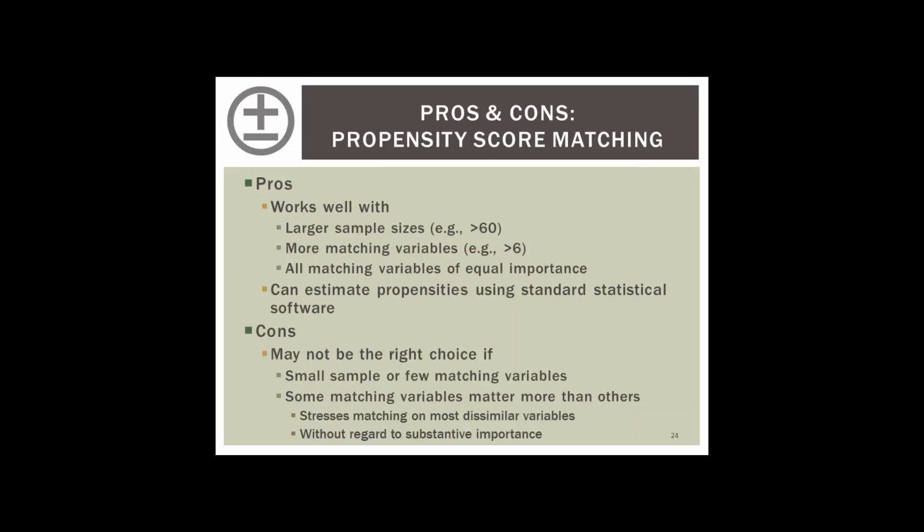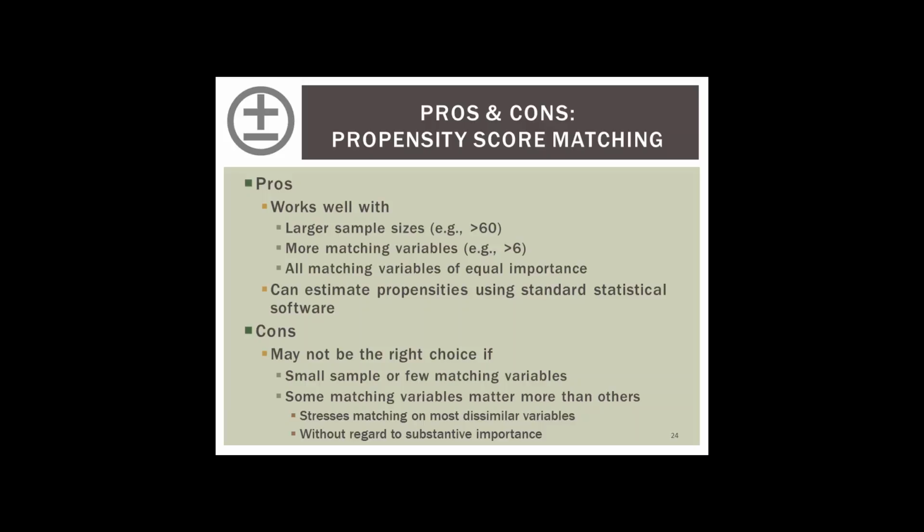Basically, you'd want to use this metric if you have large sample sizes or lots of matching variables, and each of those matching variables is of equal importance, like there's no variable you want to match on more than others. You can definitely estimate these propensity scores using standard software; SAS and Stata have capabilities for doing this.